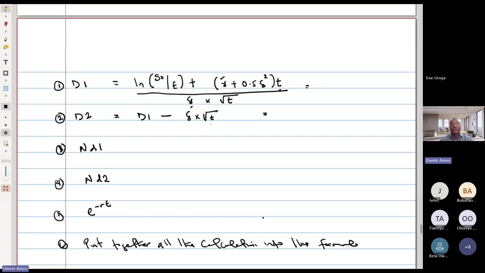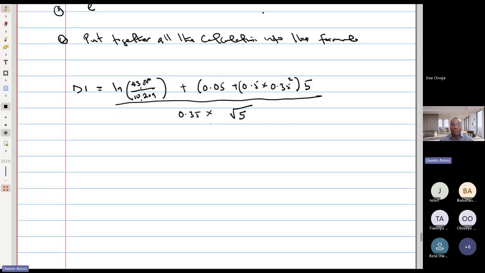Okay, so let's get that out together then. Let's begin with the first one, which is the natural log of 43,000 divided by 10,209. If you haven't done it before, we can do it together right away. In your calculator, in the far right column, the third button down, you're going to find LN, depending on what is written on your calculator.